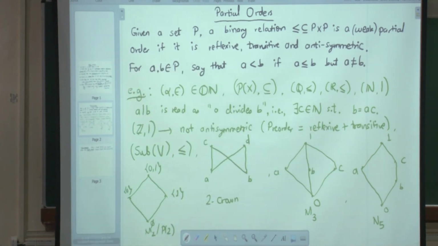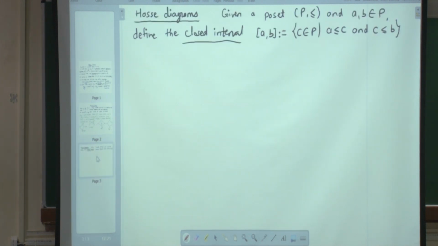What if I consider the interval from A to 1? Only A and 1 will appear there. So intervals are not necessarily linearly ordered.